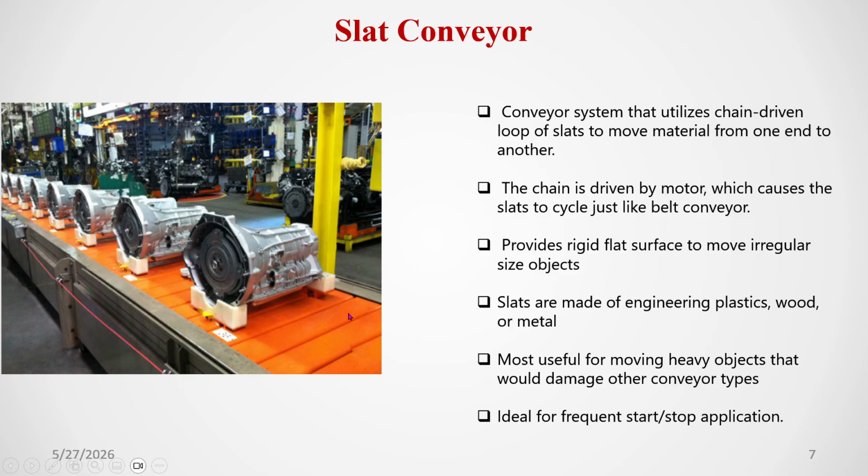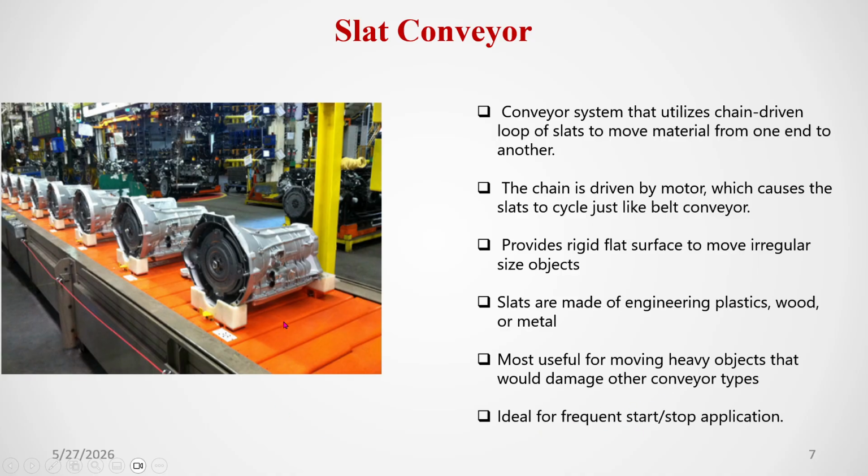They are most useful for moving heavy objects that would damage other conveyor types. If it is a rubber type conveyor, it could damage the rubber, but it cannot damage the slats. So slats are ideal for frequent start and stop.